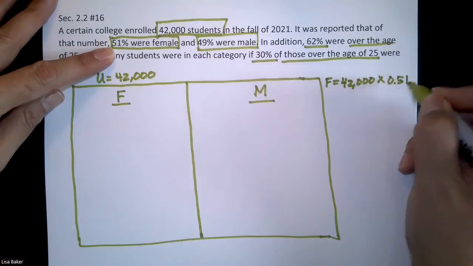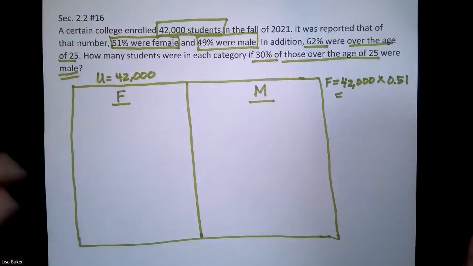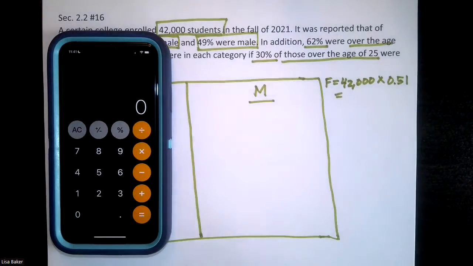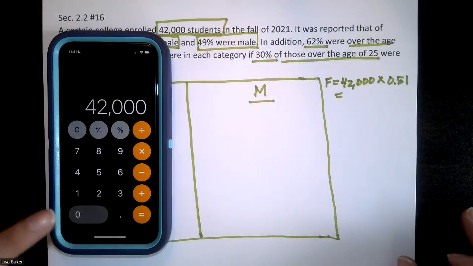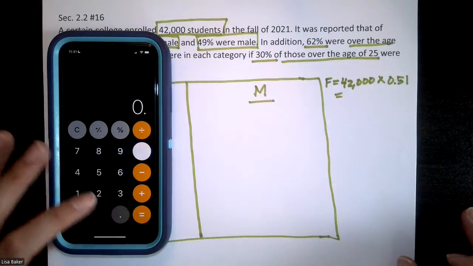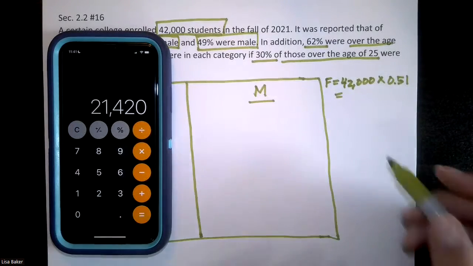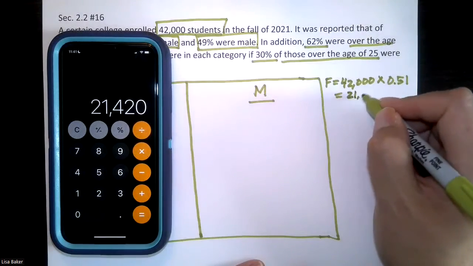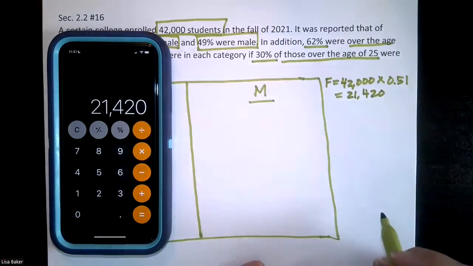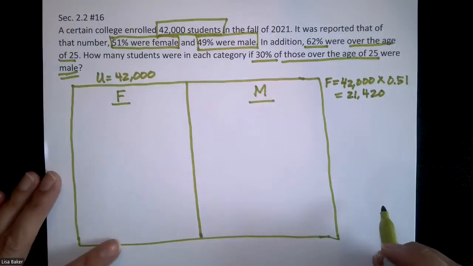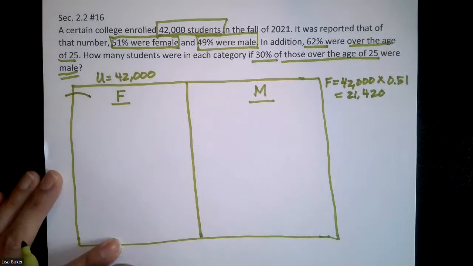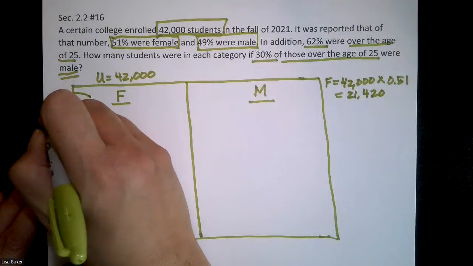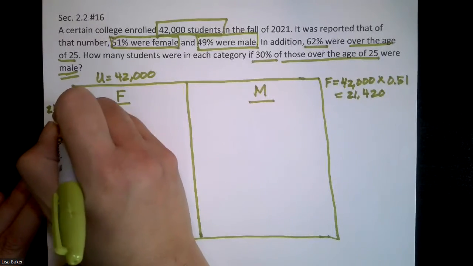On my calculator, 42,000 times 0.51 gives 21,420. So everything on the left side of my universe should total up to 21,420.